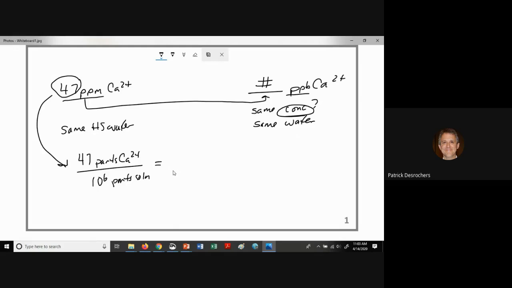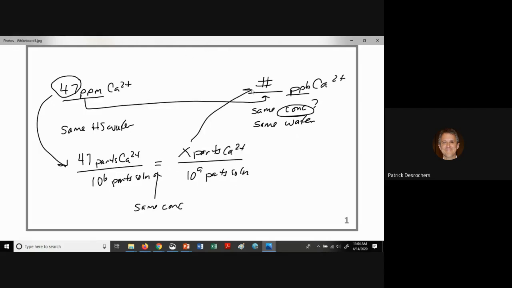The idea is that it's the same concentration, so I'm setting this ratio equal to the other ratio. The question is, how many parts of calcium would there be if I had 1 billion parts of solution? This will be that number, and this is that number.